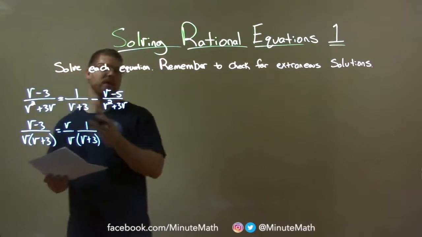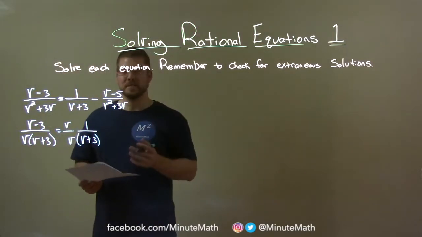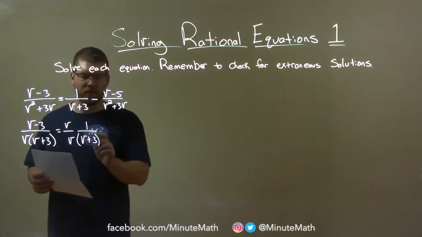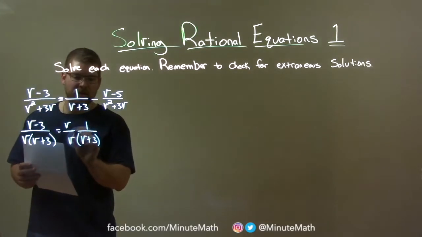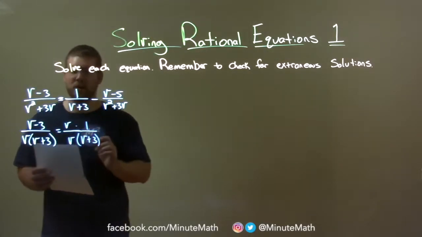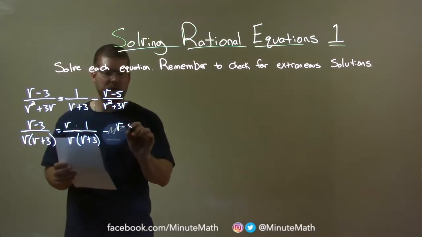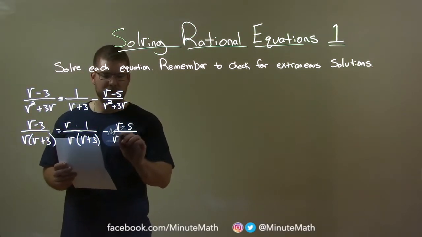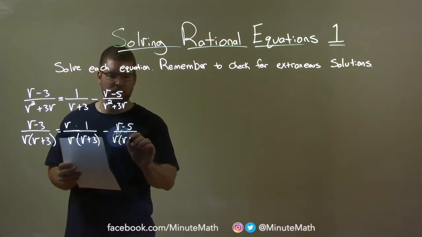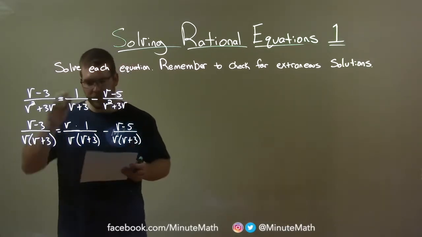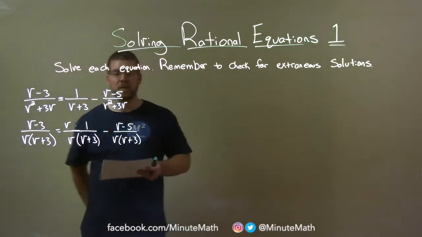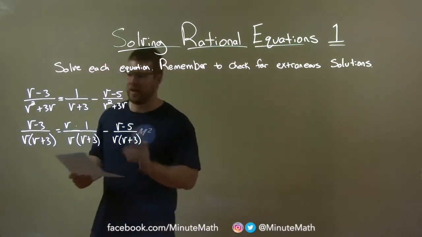When you multiply something over itself, it's really multiplying by 1, so it doesn't change it, but we now have the same denominator, and I can make it one big fraction if I want. Again, for the subtraction here, v minus 5, I pull out the v, and we have v times v plus 3 here. So now we have the same denominator, we can subtract on the right-hand side.